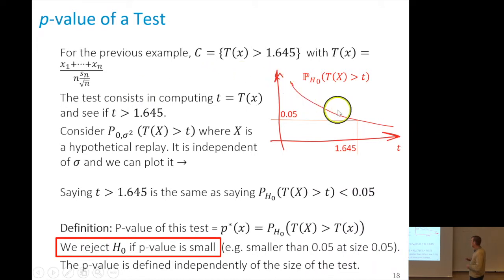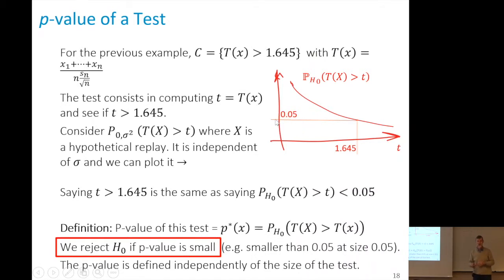This is what I did. For every value of t, I can plot what is the probability that a hypothetical replay experiment would produce a test statistic larger than the one that I have seen. Right? So the function that I can plot is this one here. And we see that when I am at the critical value, 1.645, the little c, this value here, it means that this probability is exactly 0.05.